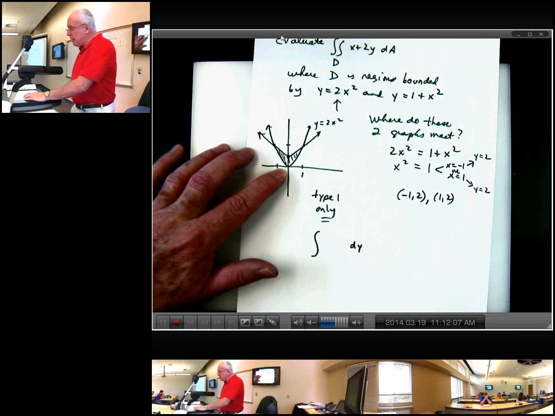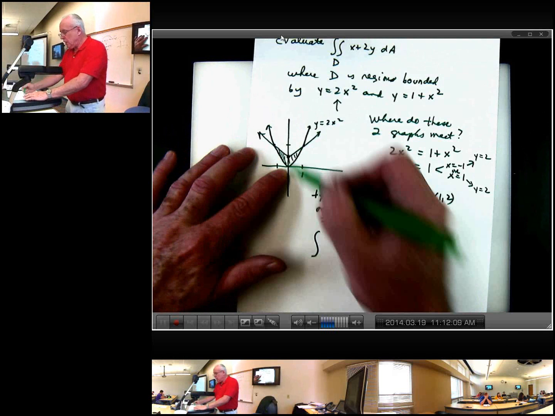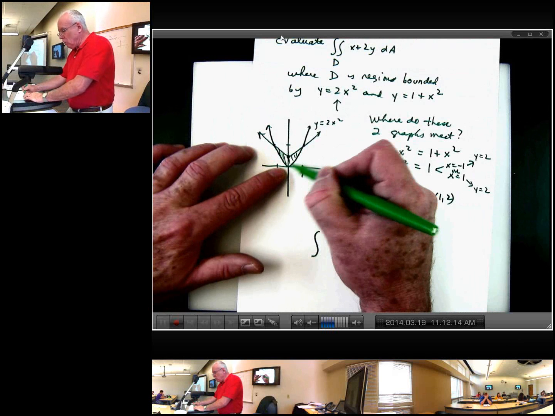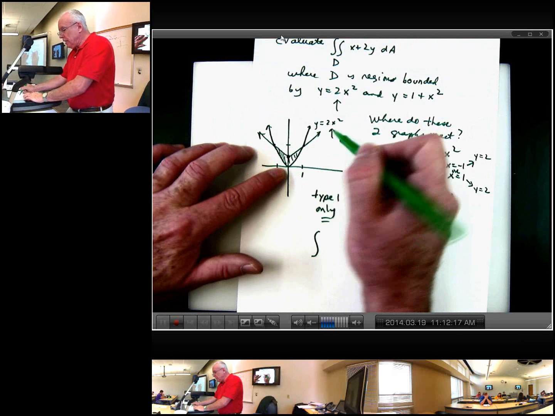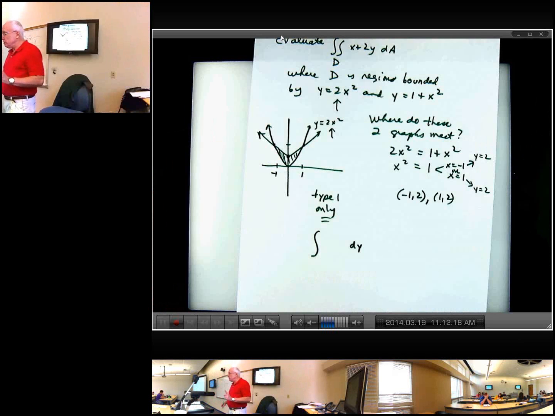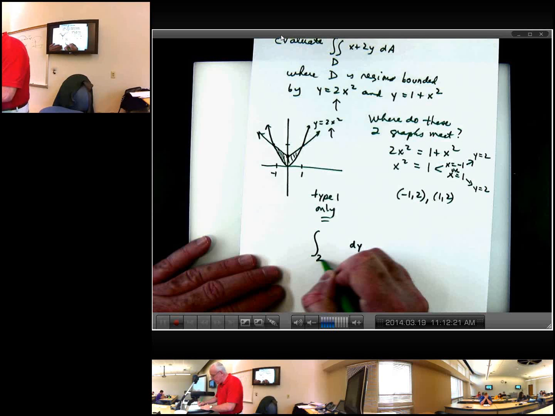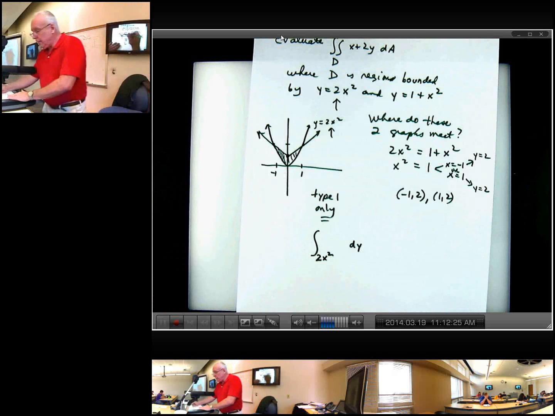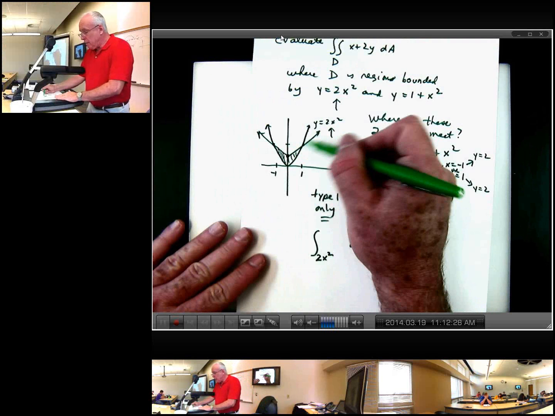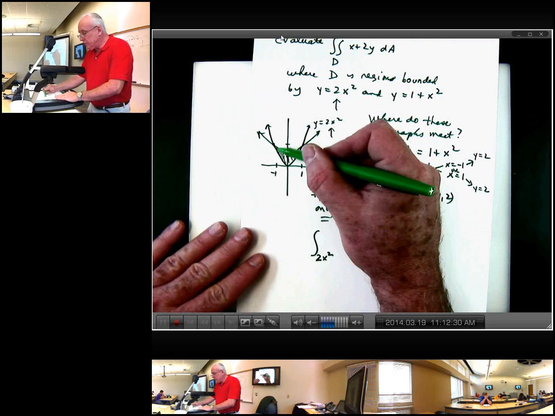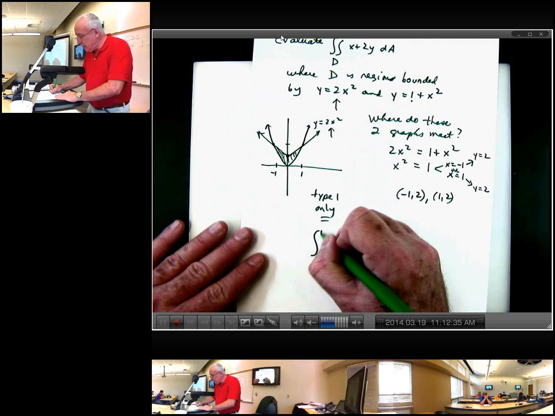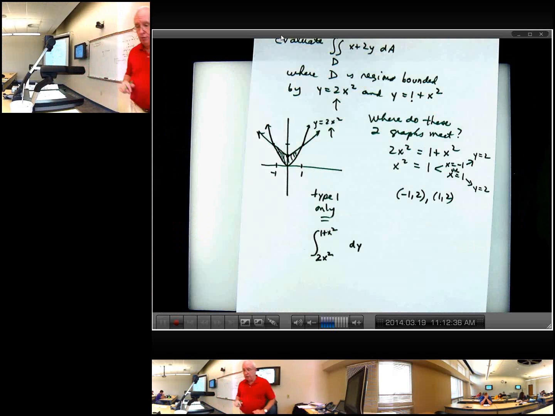Now, what's my lower bound going to be? Here's where you look at your region here. My lower graph in this region is y equals 2x squared. So my lower limit of integration here is going to be 2x squared. Looking at the drawing, my upper one is the y equals 1 plus x squared. So that's my upper limit of integration. That's why you have to draw these things.